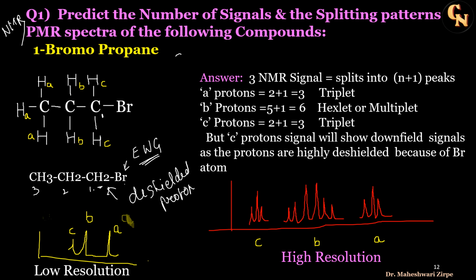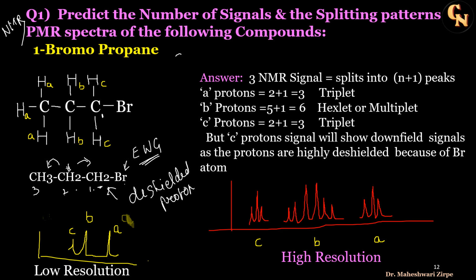The second carbon has two hydrogens. What type of environment do these two hydrogens have? On the right hand side it has two hydrogens, on the left hand side it has three hydrogens. So a total of 5 hydrogens are neighboring. Obviously it has a different environment than the first one, because the first carbon had bromine on one side and two hydrogens on the other, whereas the second carbon has CH3 on the left and CH2 on the right.